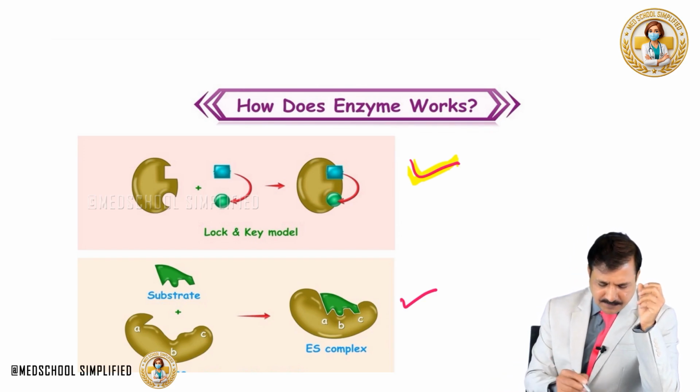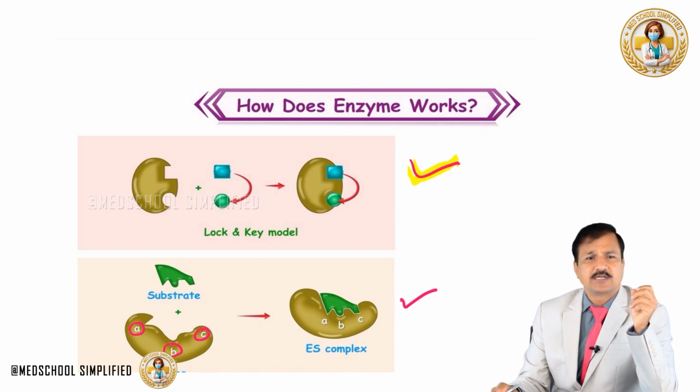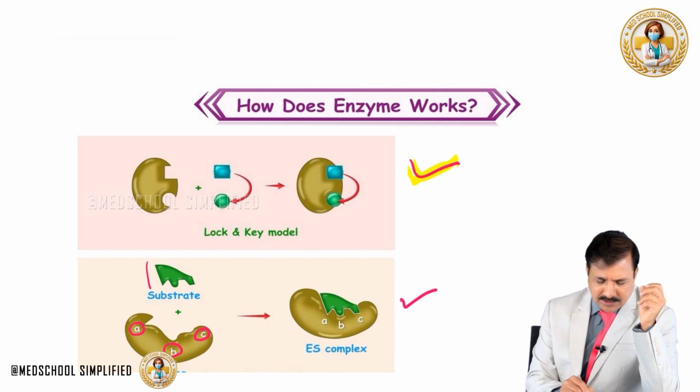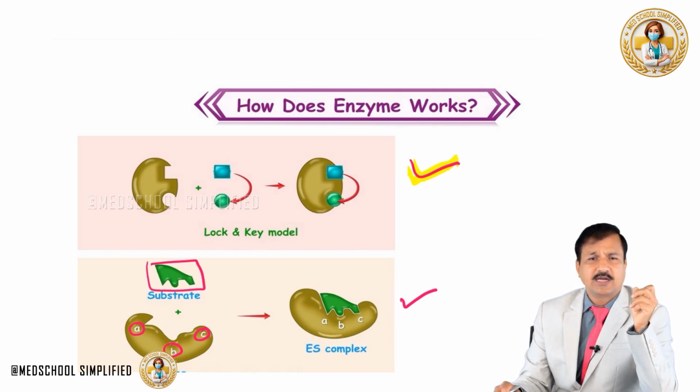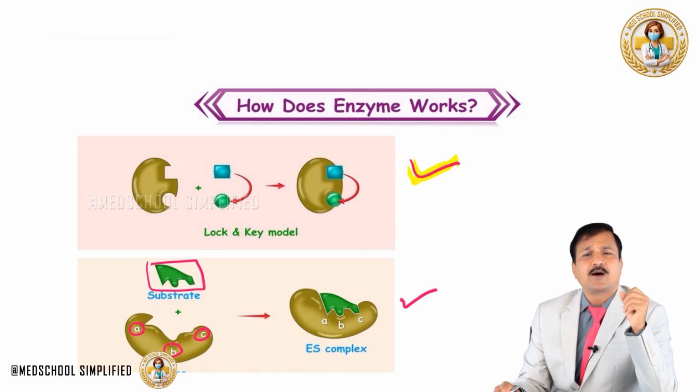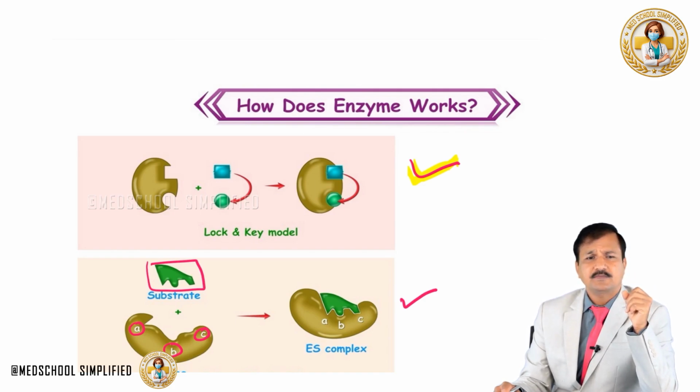As you see here, the A, B and C in the active site of an enzyme, and look at the shape of the substrate which is coming and binding to the active site. So it is not exact complementarity here.